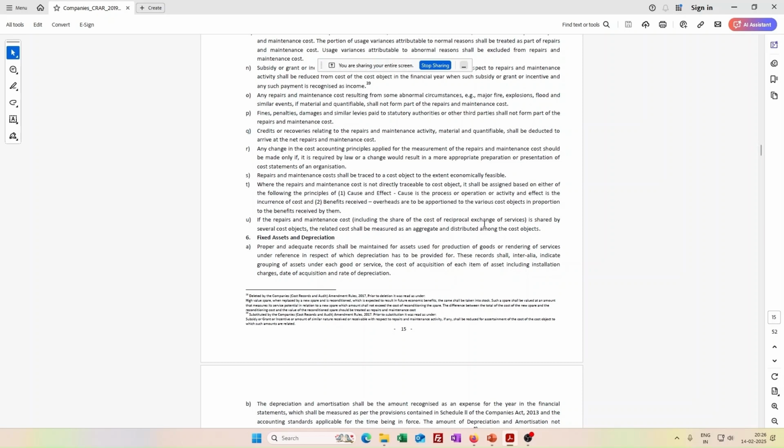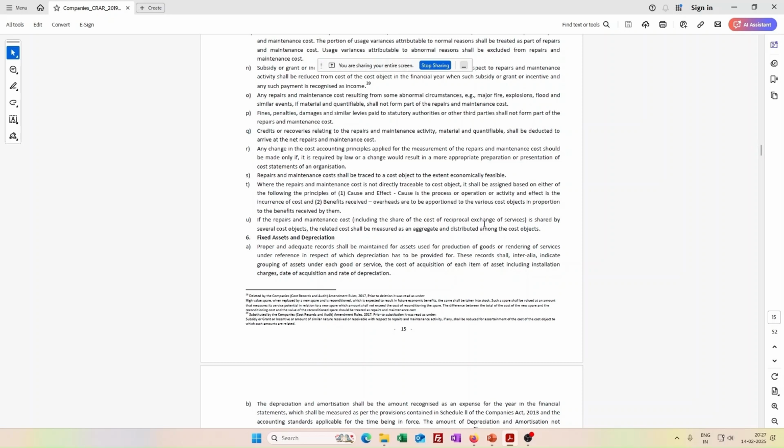Now, depreciation should be allocated activity wise. That means depreciation of plant and machinery, building, and equipment directly related to the production should be booked under the production cost center. But depreciation of assets related to selling and distribution should be booked under selling and distribution overhead.